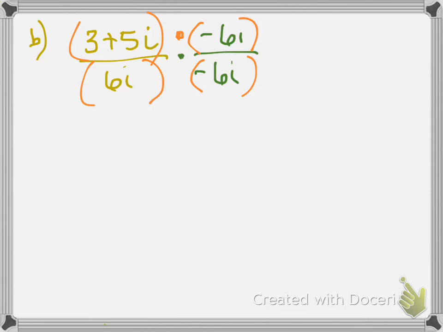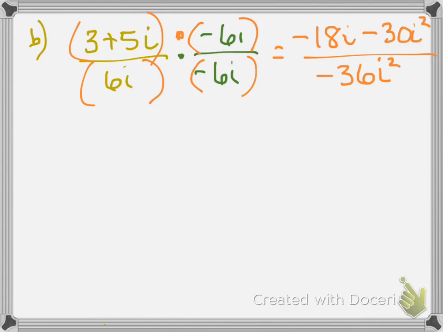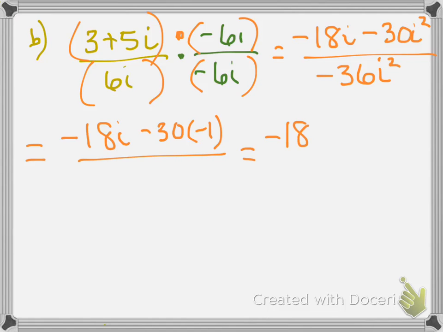3 times negative 6i is negative 18i, and 5i times negative 6i is negative 30i squared, divided by 6i times negative 6i is negative 36i squared. So continuing here, negative 18i minus 30 times i squared is negative 30 times negative 1. So that'll simplify to negative 18i plus 30.